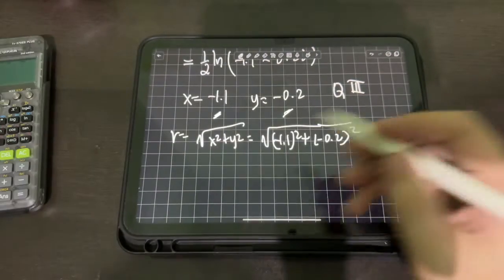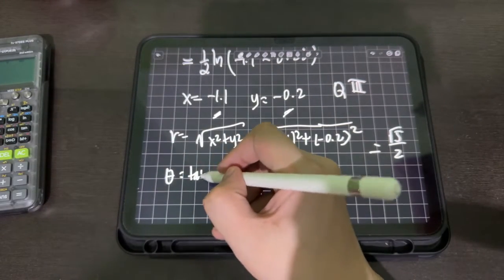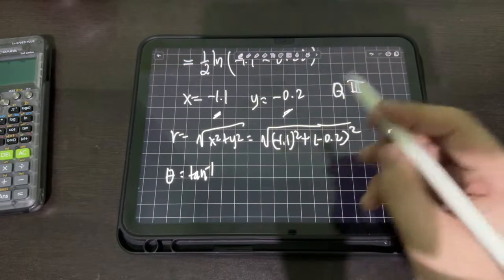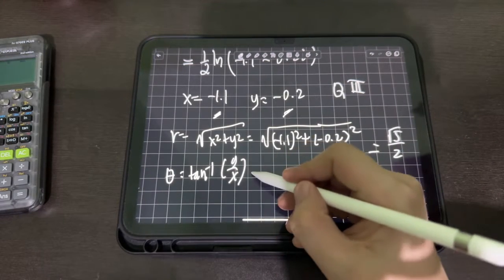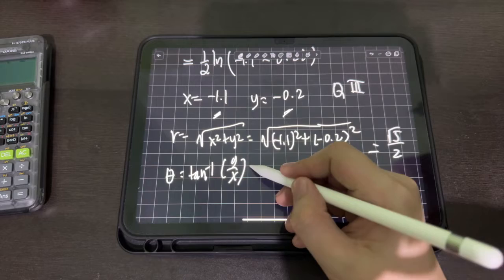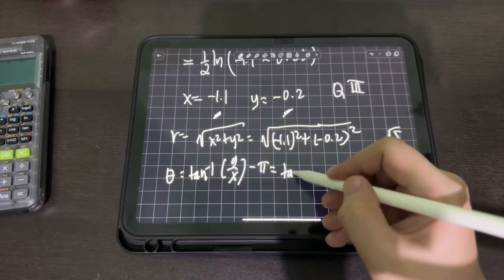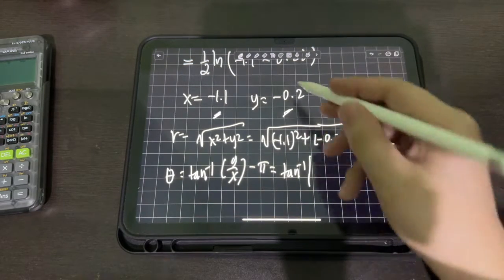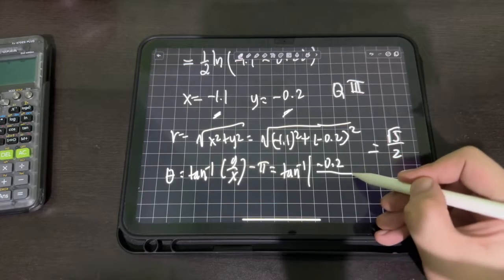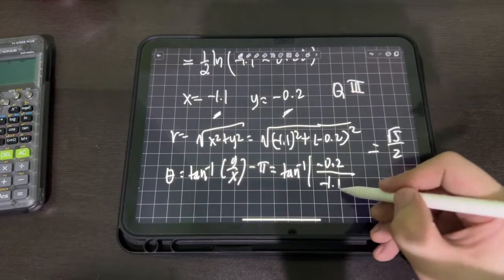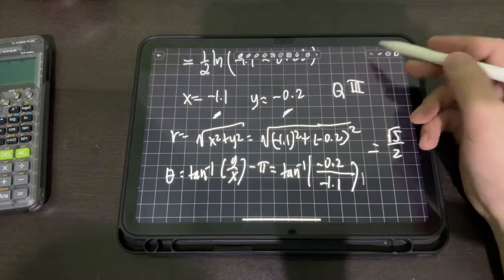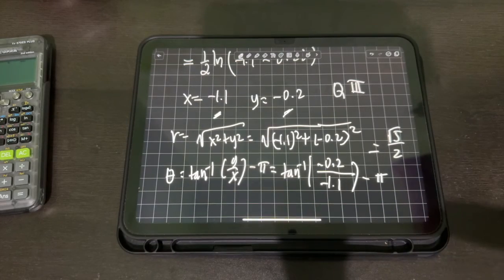Okay. How about for the theta? The formula for theta in quadrant 3 is arctan of y over x, minus pi. So arctan of y, negative 0.2, over x, negative 1.1, minus pi.